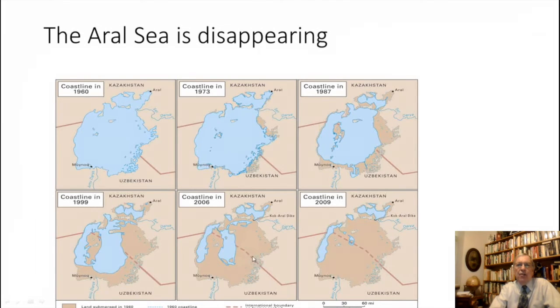This is the Aral Sea, A-R-A-L. And what's left in 2009, just little bits and pieces of the lake, about 1/10 of its area of what it used to be. This has been called one of the worst kinds of human-created natural disasters, where we made an entire lake disappear.